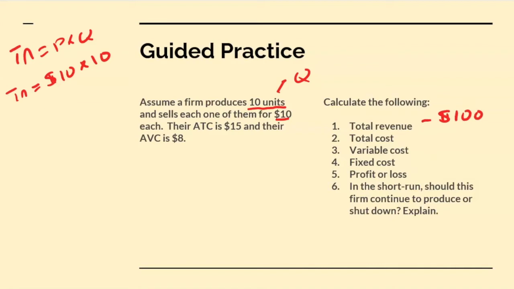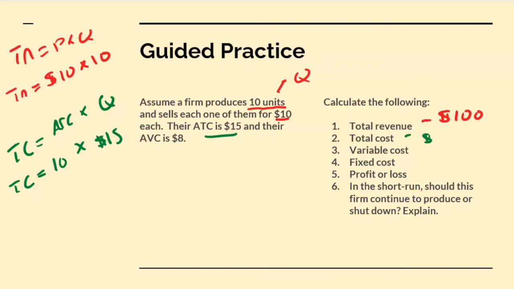Well, what about total cost? Well, total cost, remember, we could say is just our ATC times the quantity here. And so here, our quantity is still 10, because they're still going to be producing 10, but our ATC is $15, right? So 10 times 15 gets us to 150.